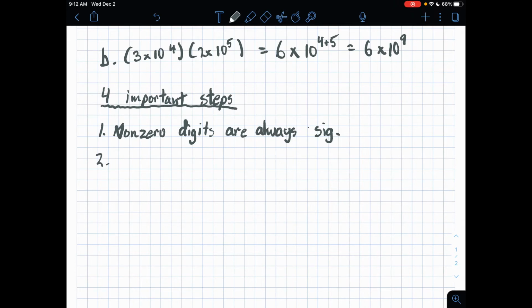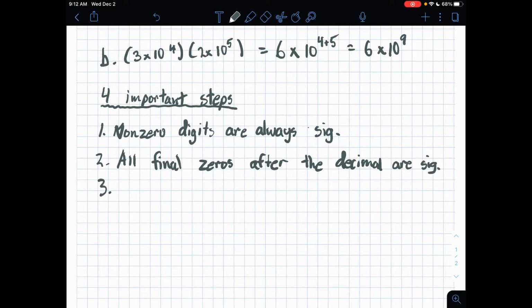Now number 2, all final zeros after the decimal are significant.